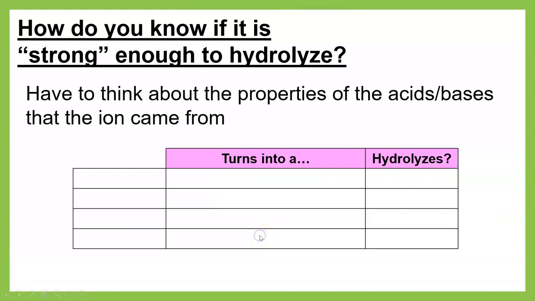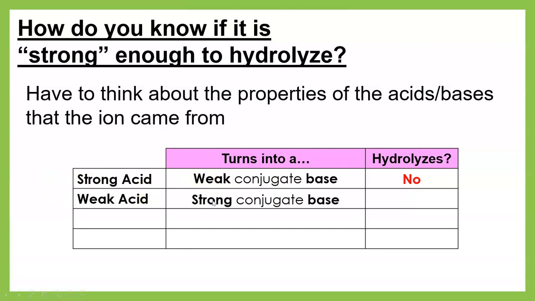So, if we want to know whether something's going to hydrolyze, we need to think about our options here. If you have a strong acid, the strong acid turns into a weak conjugate base. And if that resulting thing that's made is a weak base, it's not going to hydrolyze. If you start with a weak acid, it's going to turn into a strong conjugate base, and that can hydrolyze.